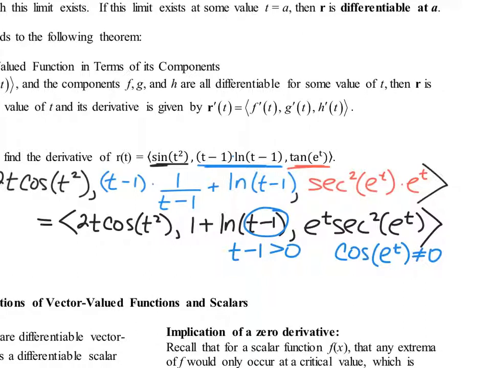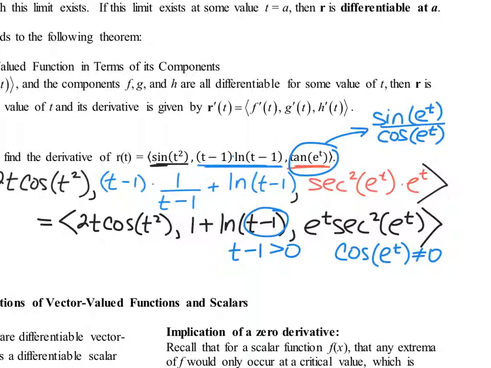Those are the two things I have to worry about. And again, just to make sure that's crystal clear, that comes from the idea that tangent is sine over cosine, and it's the cosine being equal to 0 that would make it undefined.